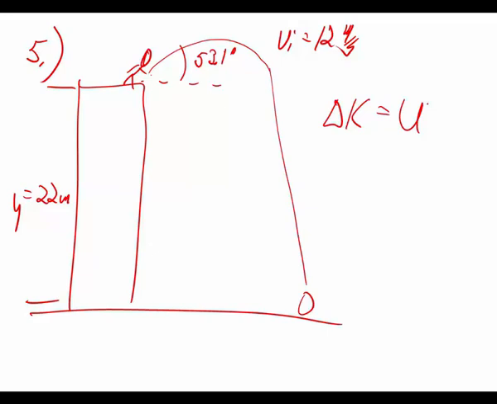All right, so we got mgy is equal to 1/2 mv squared final minus 1/2 mv squared initial. And we want to find the final velocity, don't we?